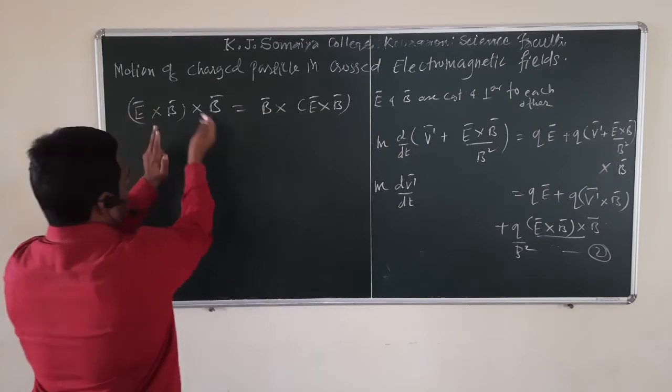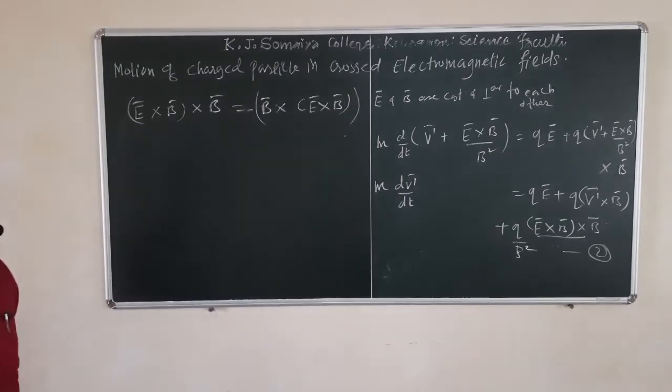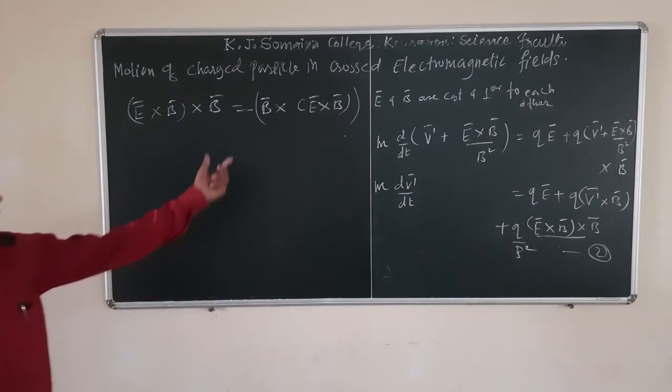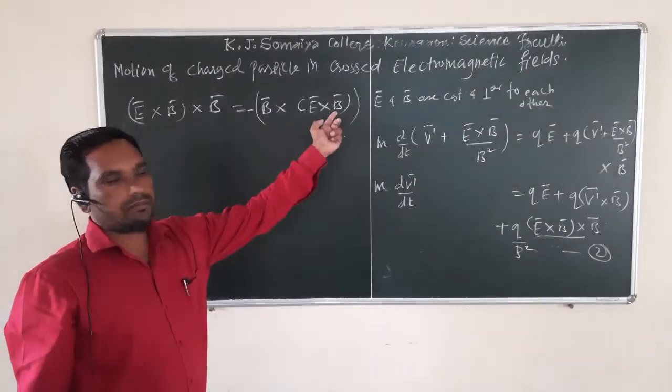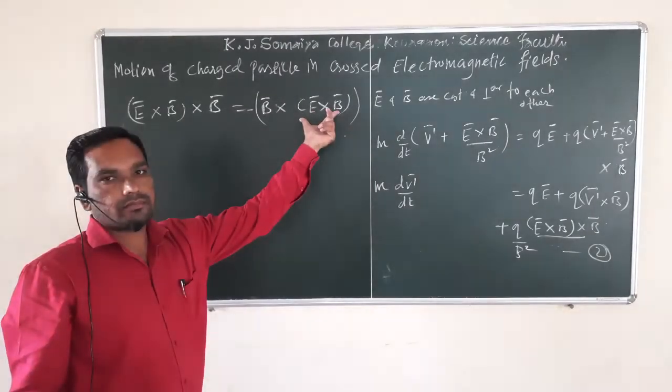If you change the order, we have to take a negative sign, so minus of B crossed with (E cross B).